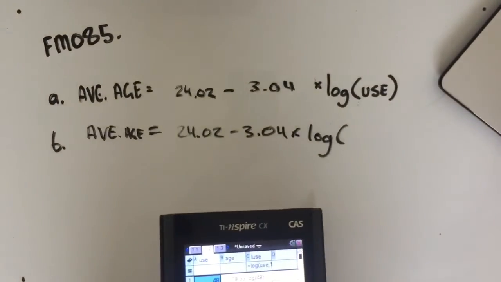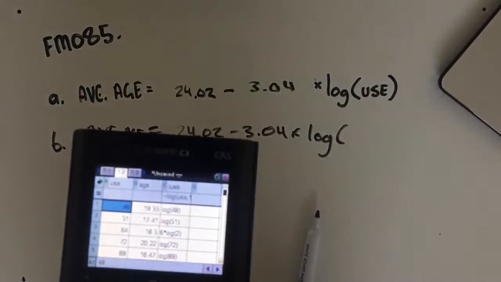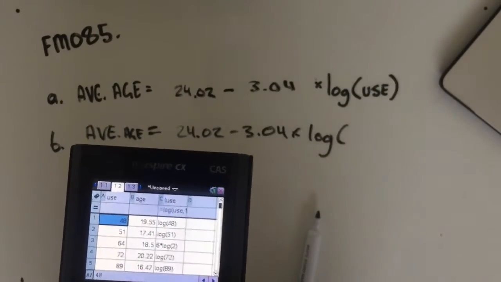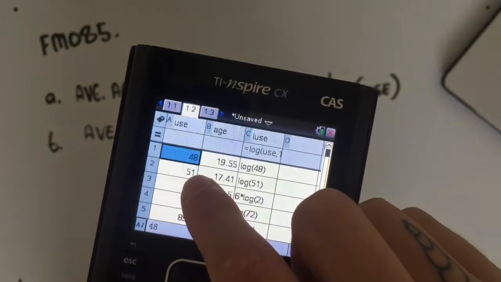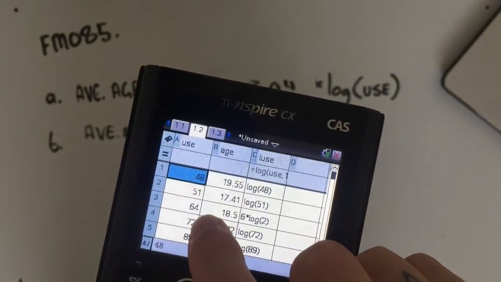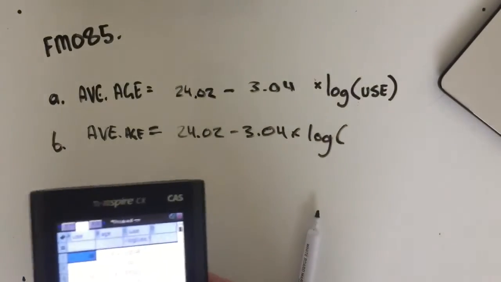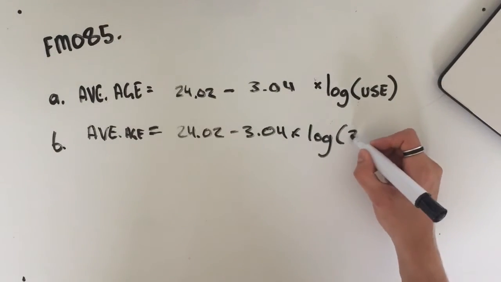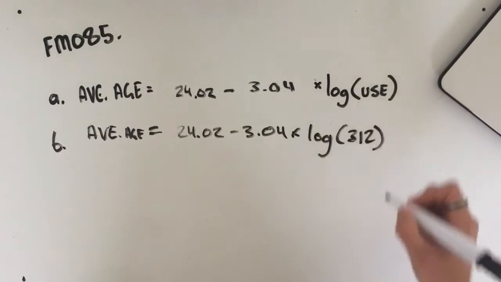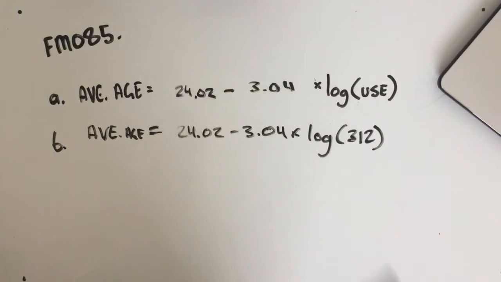Our table tells us above here that our use is actually in the thousands, so 48 here is actually 48,000, 51 is 51,000, the next one, 64, would be 64,000. So 312,000 we're actually going to input to our equation as log 312. Make sure you do that, or you're going to get an answer that doesn't make any sense. It doesn't fall in our linearized plot.